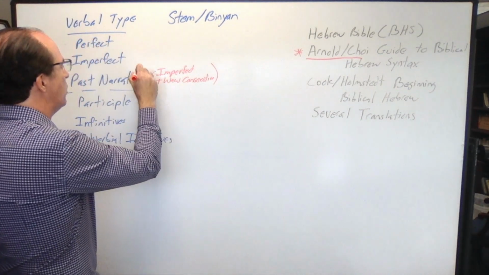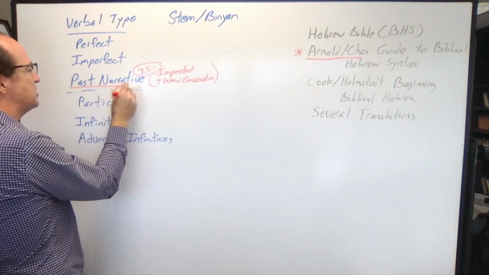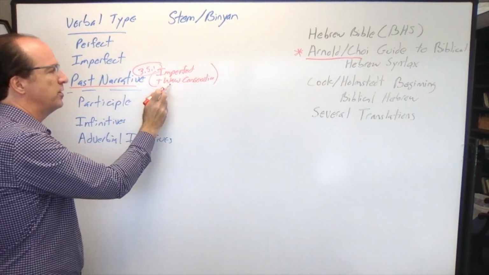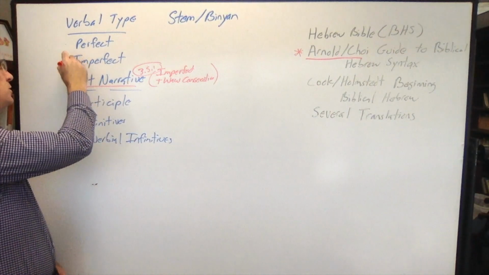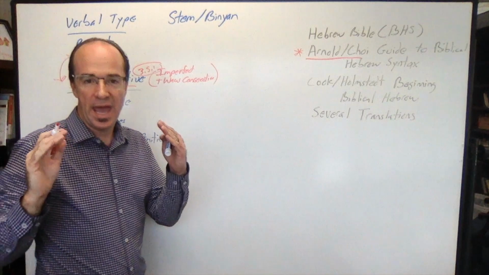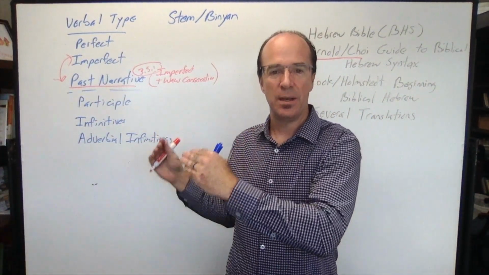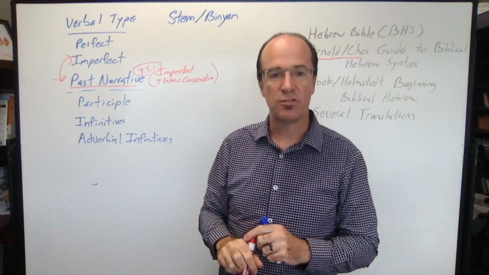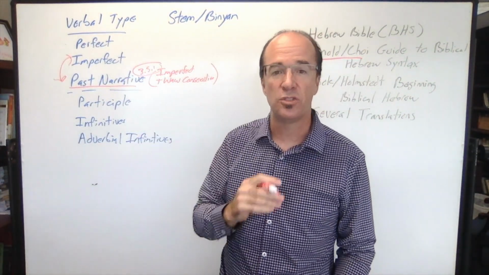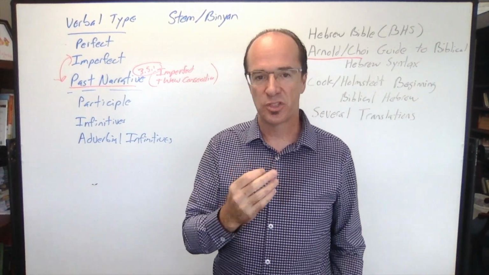So please note this, that whenever you find a past narrative, it's an imperfect plus vav consecutive, and it's critical to distinguish these two from each other. They're not the same thing. An imperfect is not an imperative, and an imperfect is not an imperfect plus vav consecutive. So you have to distinguish between these two types. This will be a common mistake, but we're going to get that nailed down in this class.